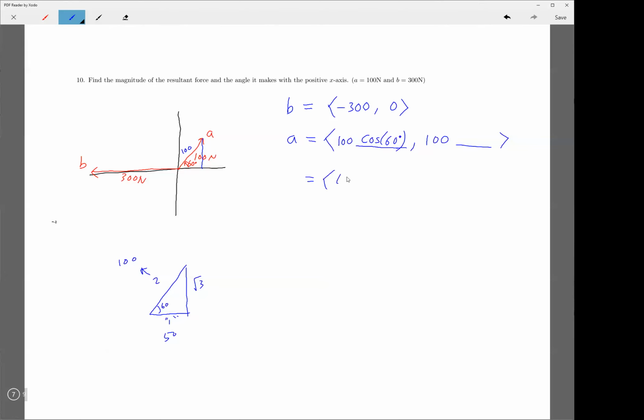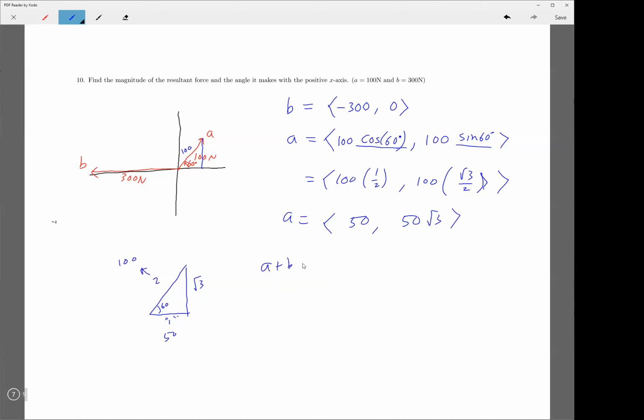And the y component multiplies by the sine of 60 degrees, which is √3/2. So A is 50, and then 50√3.